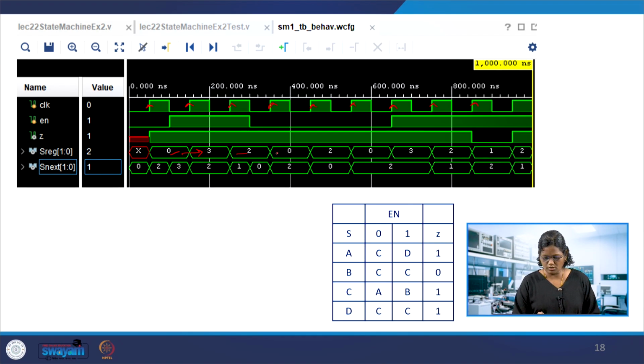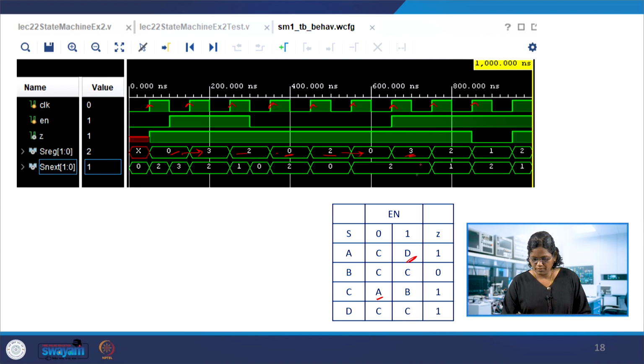So it is going to 0 0, that is state A, and then enable is 0 here at A, enable is 0, it goes to C. From C again enable is 0, it is going to A. So easy, this movement 0 2 0 2 you can see, and then enable is made 1, so it moves from 0 to D here.